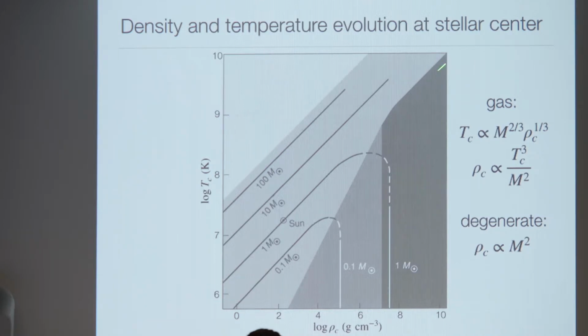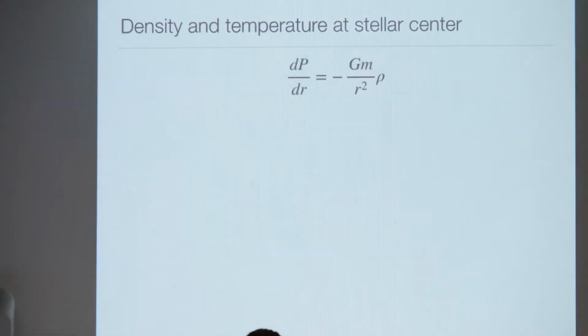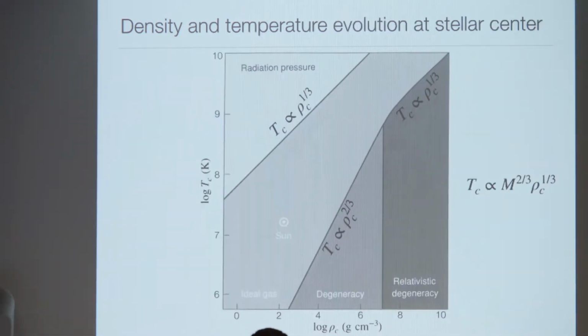And remember, this gradient was T to the rho 1/3, which is basically the same as this line of stars, and this line is also the same gradient.